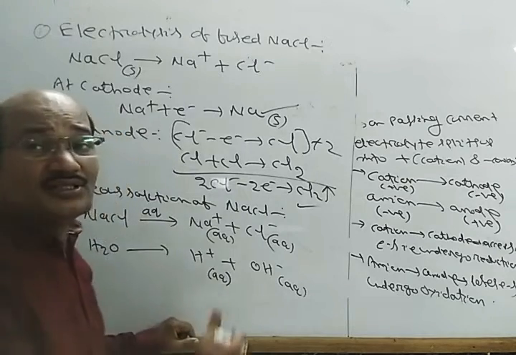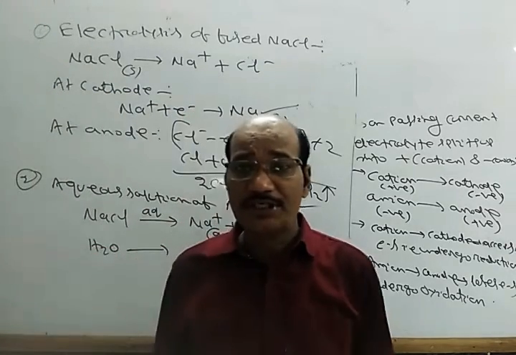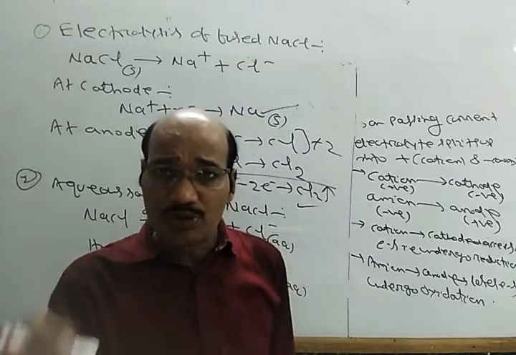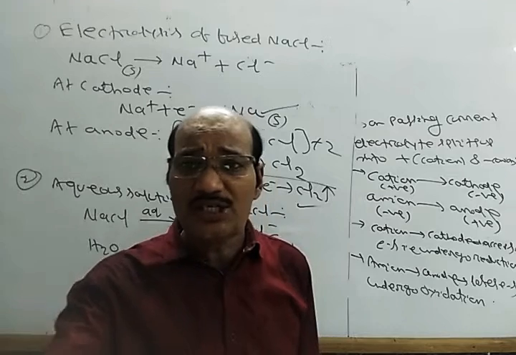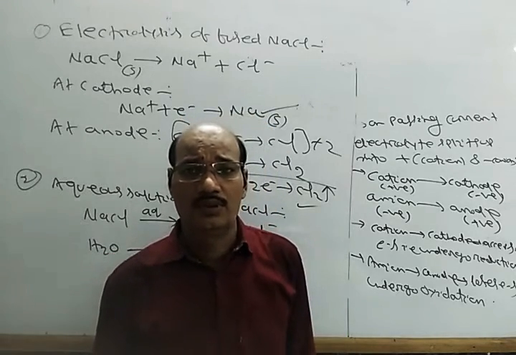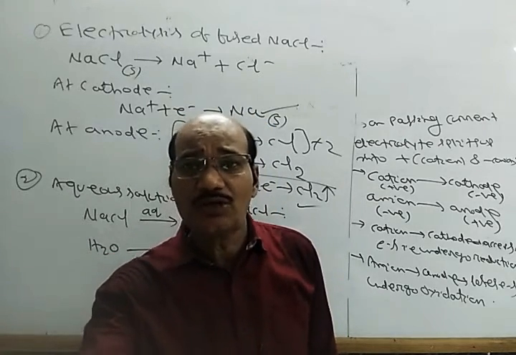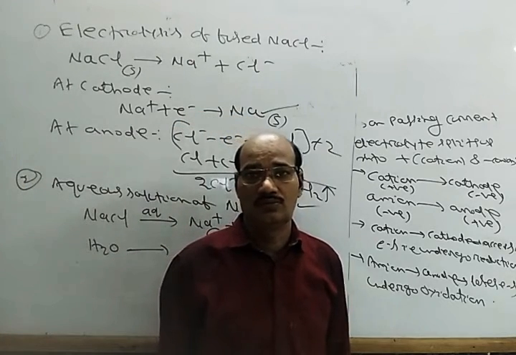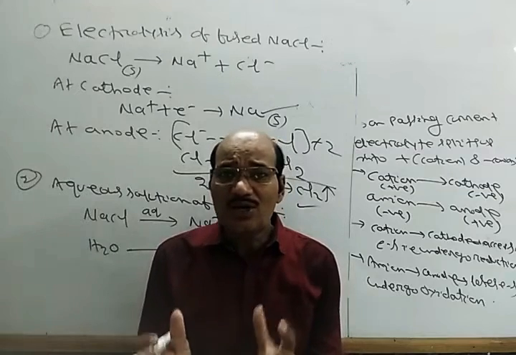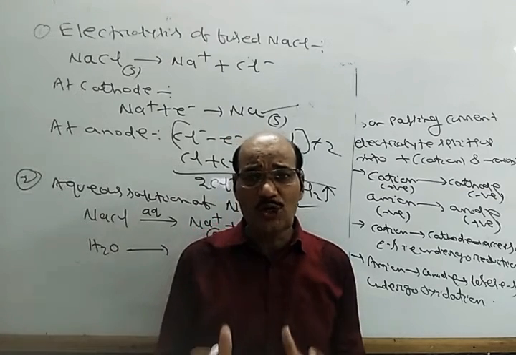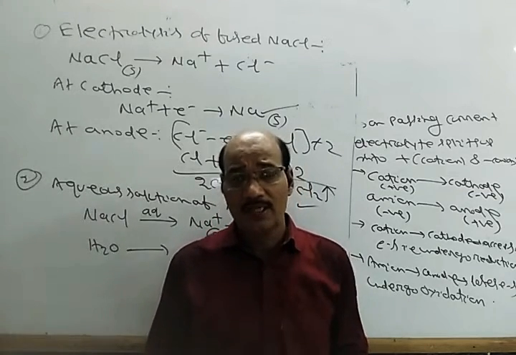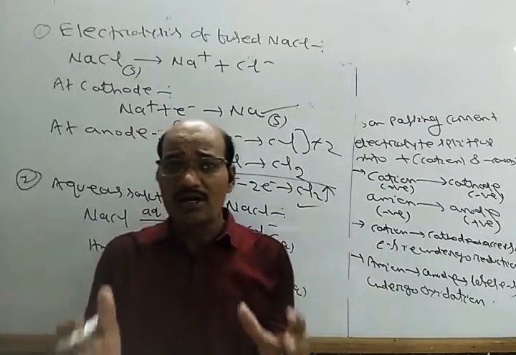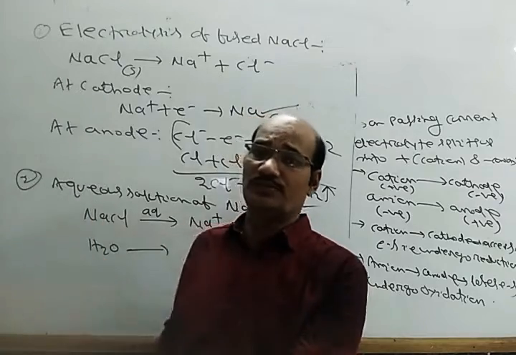This selection of ions depends upon two things. One is the position in the electrochemical series, and the other is the nature of the electrode. The electrochemical series is where different electrodes are arranged in decreasing order of their standard reduction potential.